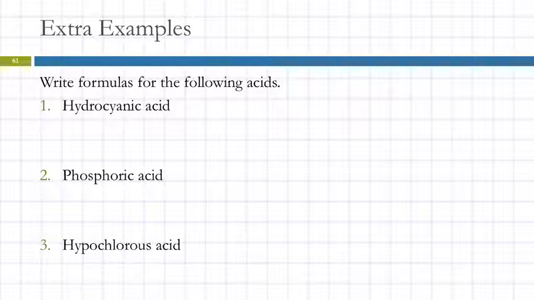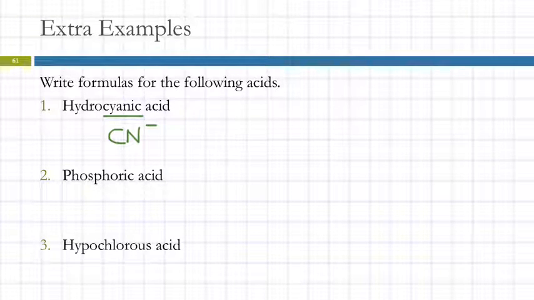So here's some practice writing formulas, extra examples. Okay, hydrocyanic acid. What does the prefix hydro tell us? It's a binary acid. I prefer to say it's not an oxyacid. Cyanic, CN, that's from cyanide. And what's the charge on that? It's a -1.